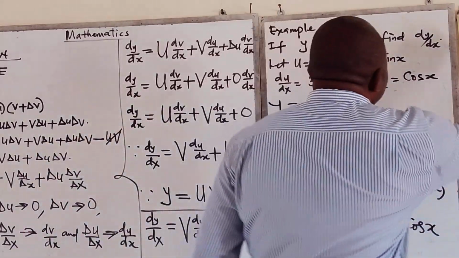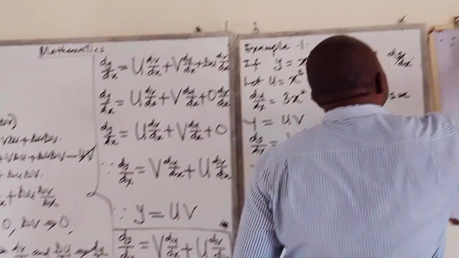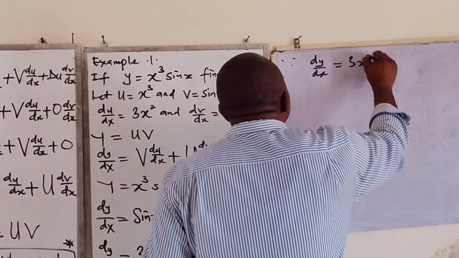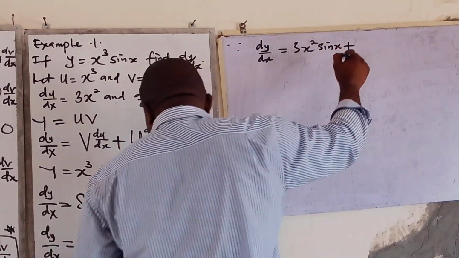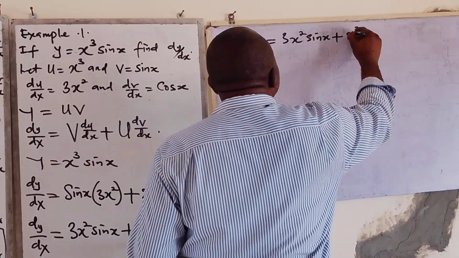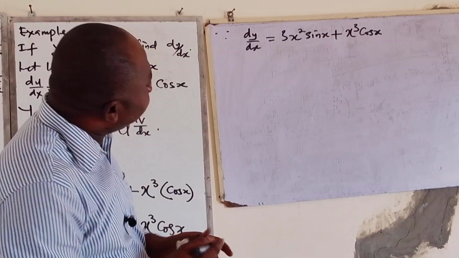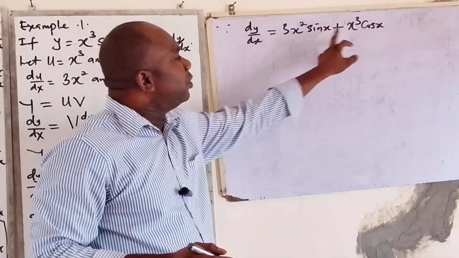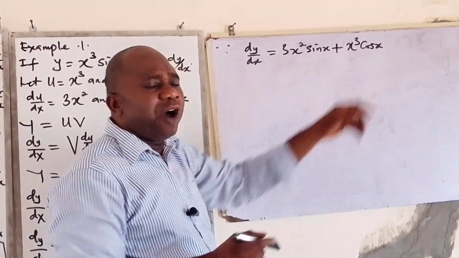So therefore, dy/dx will be equal to 3x squared sine x plus x raised to the power of 3 cos x. Now, if you look at this function very closely, you will discover that x squared is common, because here we have x squared and here we have x raised to the power of 3.